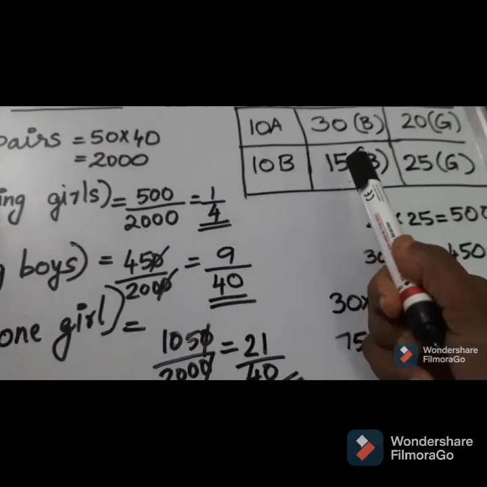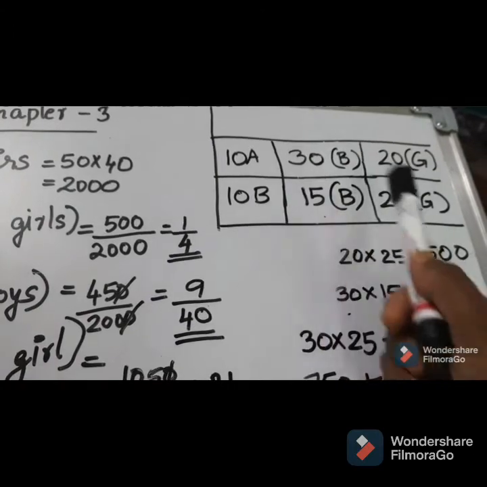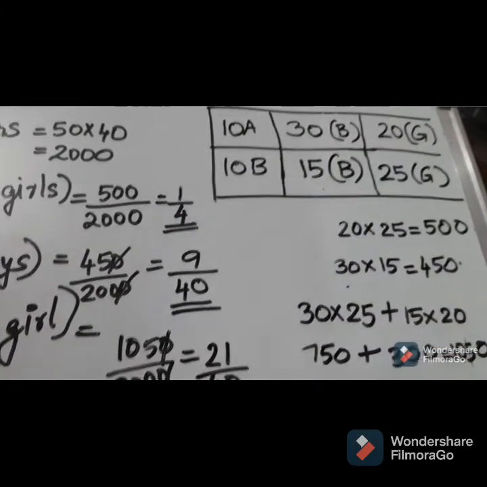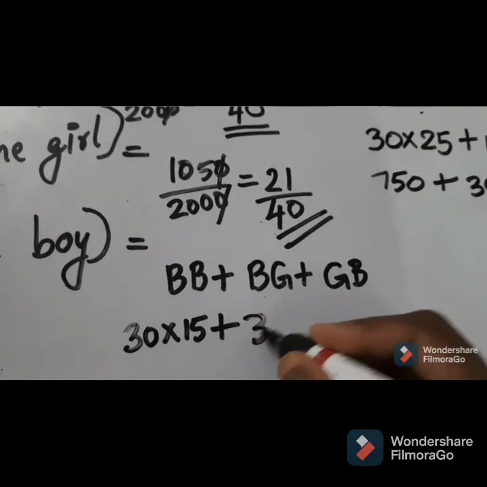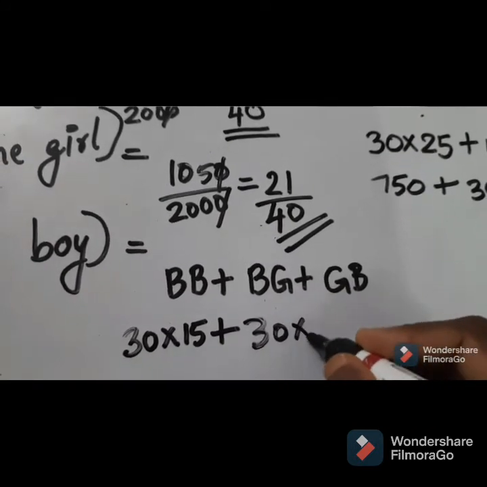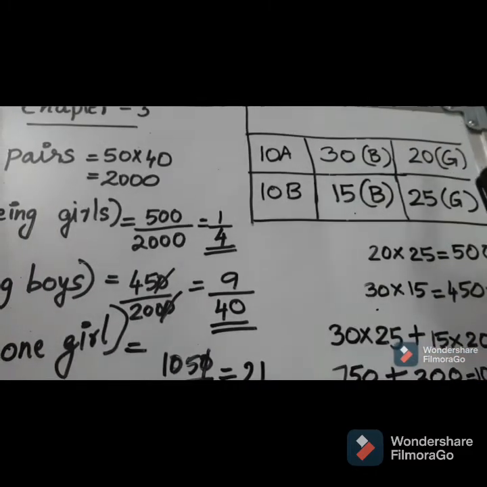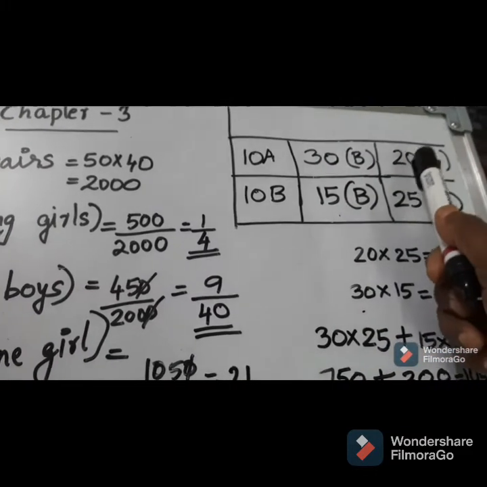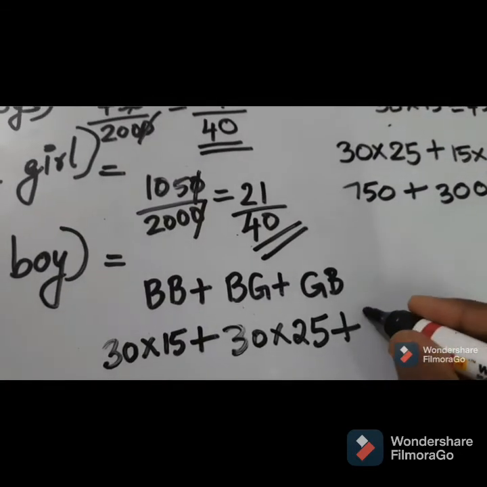And boy girl, that is 30 and 25. That means 30 into 25. Next is girl and boy. Girl is 20, then boy 20 into 15.